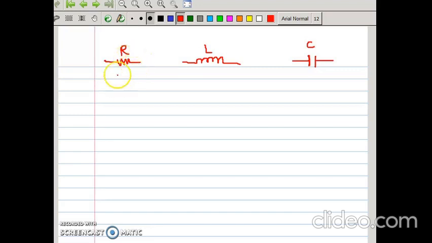So what is the voltage across the resistor, the voltage across the inductor, and the voltage across the capacitor? Always, the voltage across the resistor is I into R. The voltage across the inductor is L di by dt, and the voltage across the capacitor is 1 upon C integration of I dt.